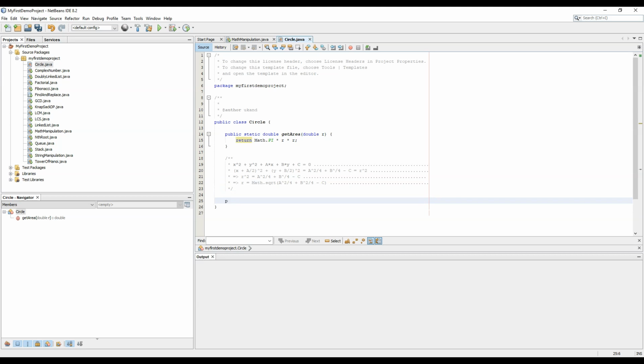So we just need a public static double, and we just need to pass the value of a, b, and c for the equation.